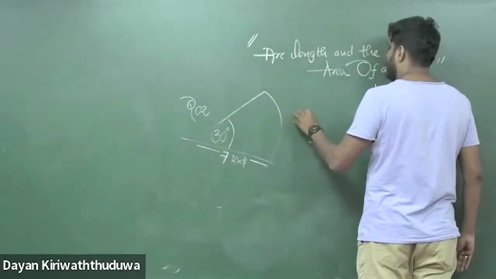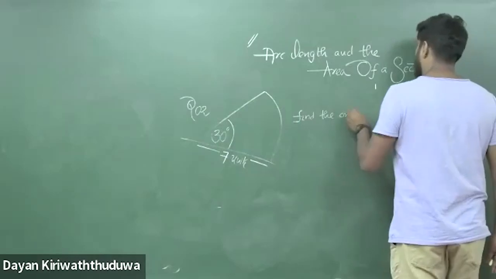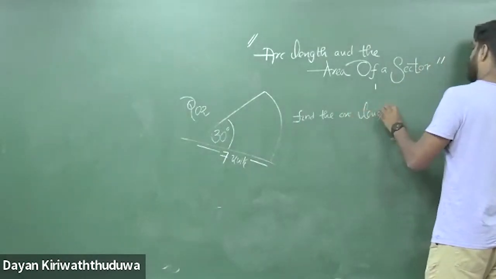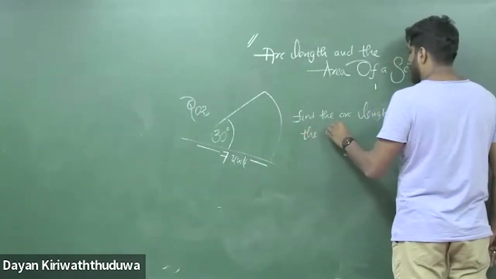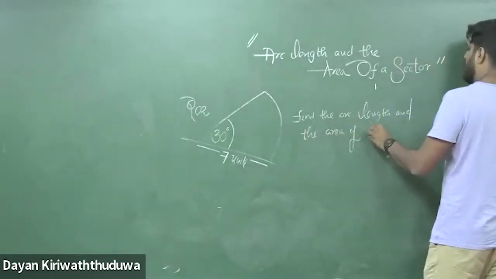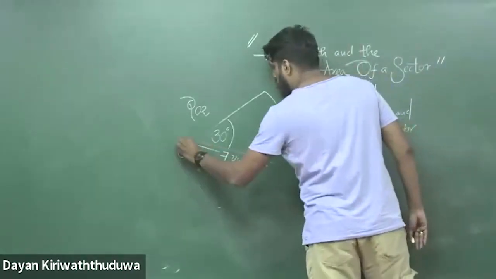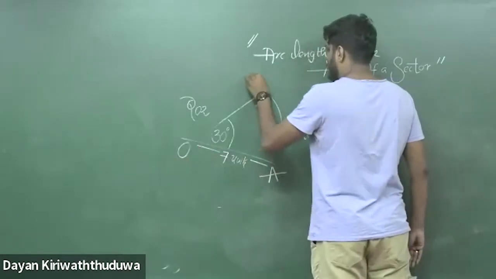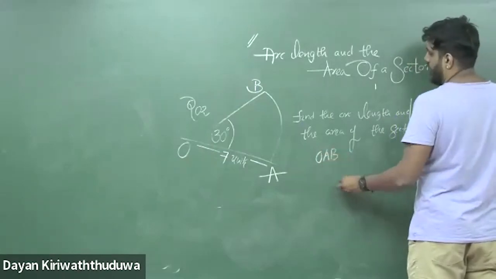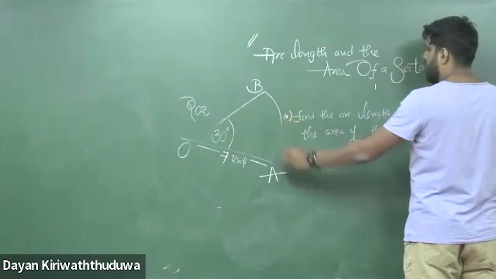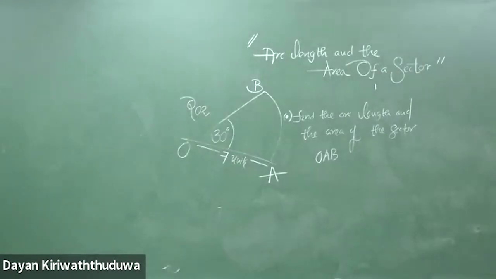So find the arc length and the area of the sector. So let's name it as O, A, B. This is how we name a sector. O, A, B. This is the question. Very simple question. Direct forward one.